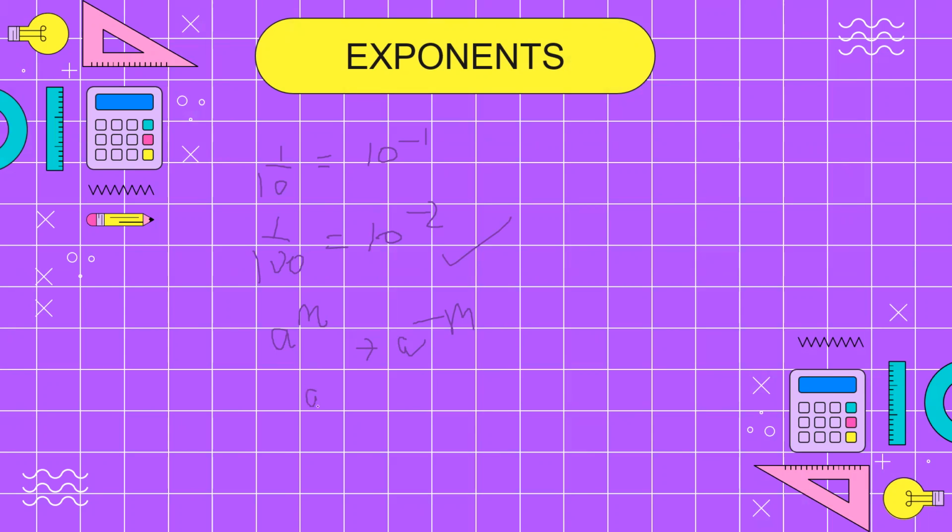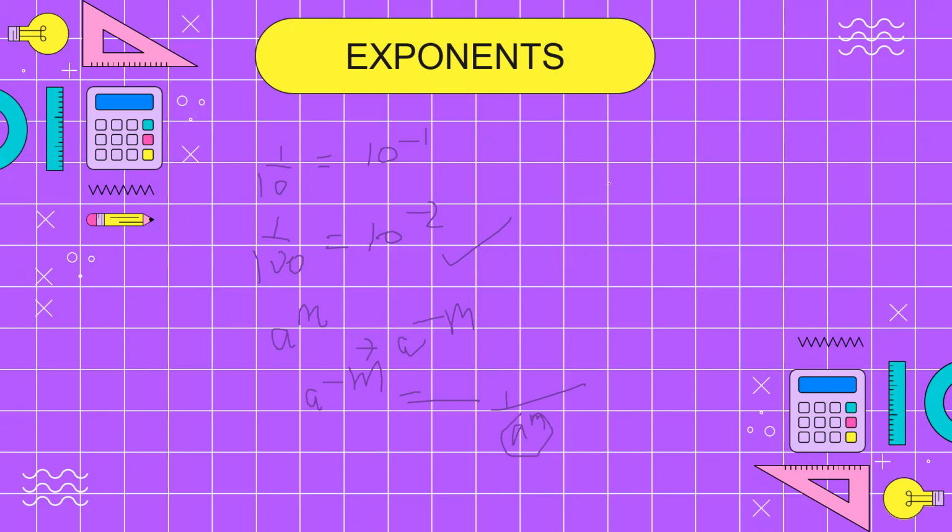So a raised to power minus m can be written as 1 upon a raised to power m, right? As we have done here, a raised to power minus m, when the power goes in the denominator, it will be positive. It will be a raised to power m.